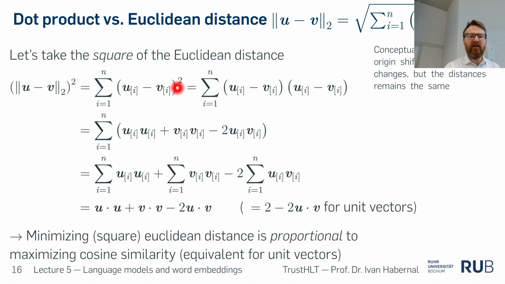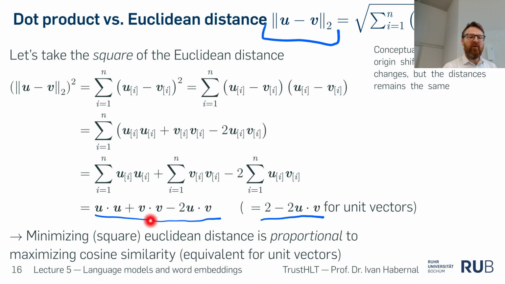But if you do the math, the Euclidean distance is the L2 norm for two vectors: you subtract each dimension, square it, and take the square root of the sum. At the end of the day, the Euclidean distance is -2 times the dot product of these two for unit vectors, plus some other term.